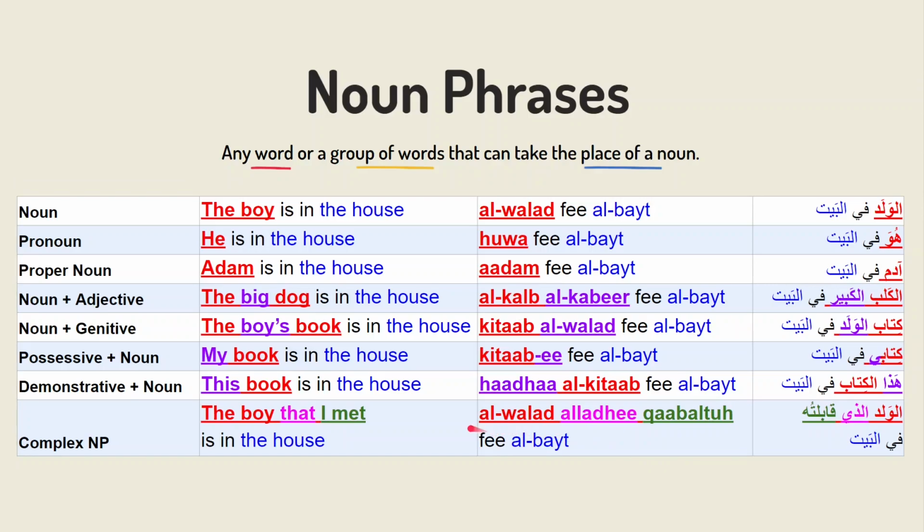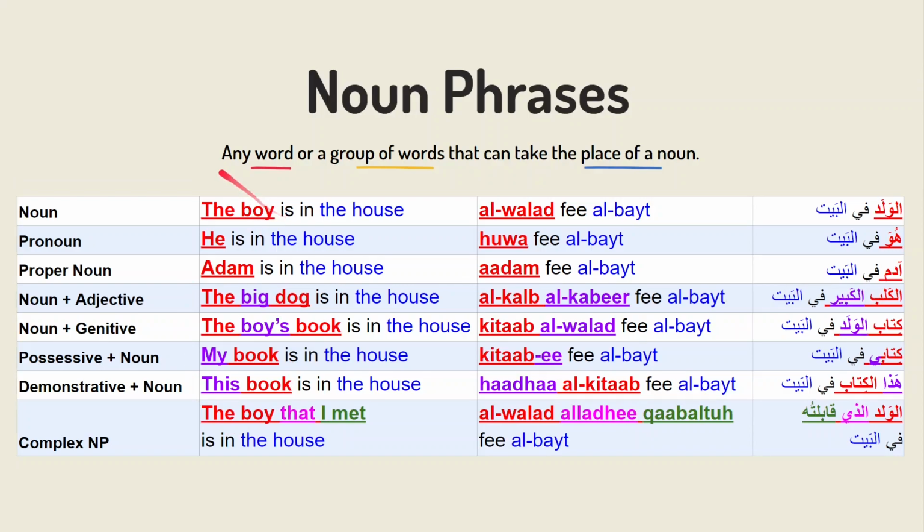So الولد الذي قابلته في البيت. So here you can see all of these different noun phrases, which are exactly the same thing because they can be used in the exact same grammatical position in the exact same sentence.